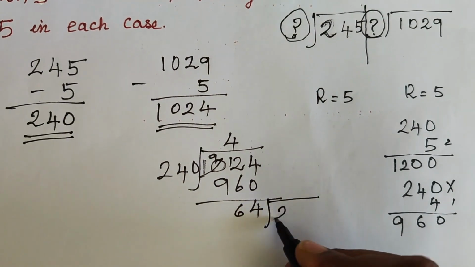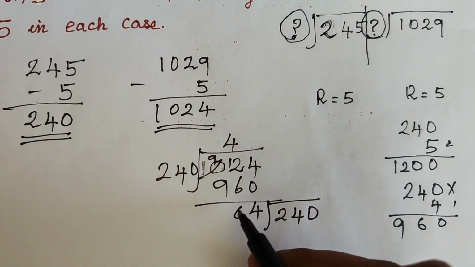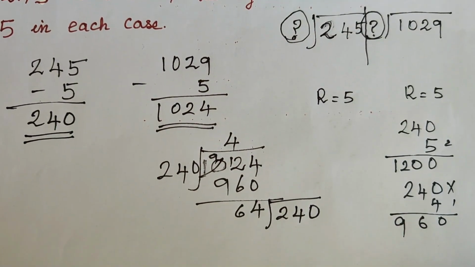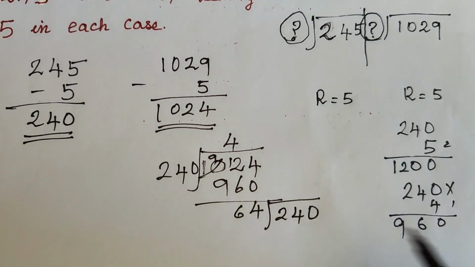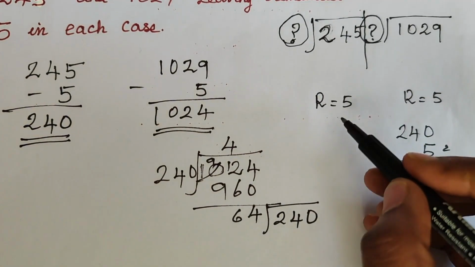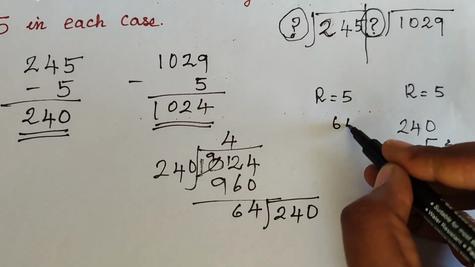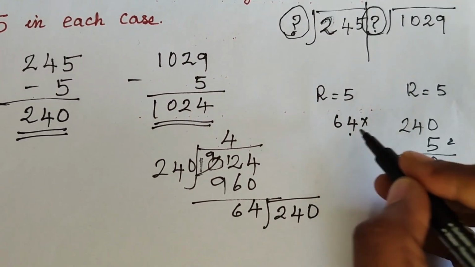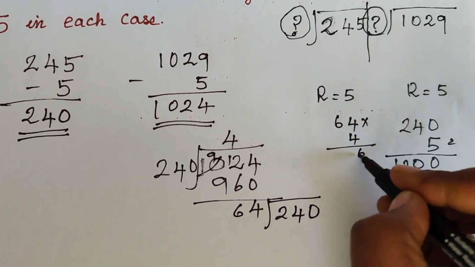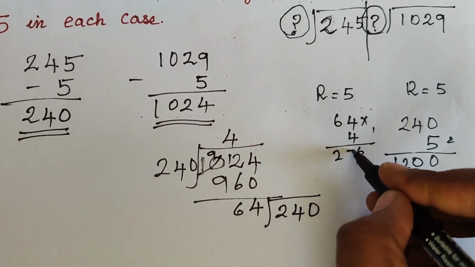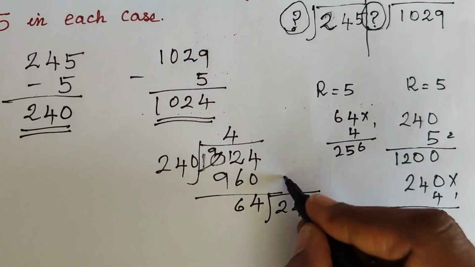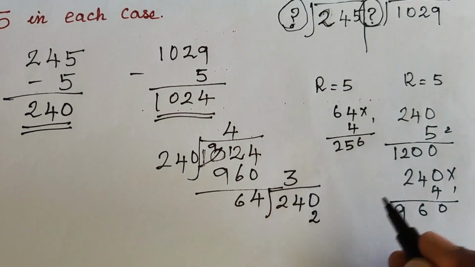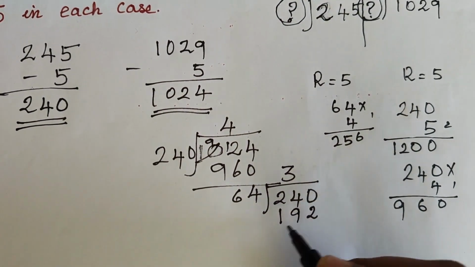Bring 240 here. This remainder becomes the divisor in the next step, and bring down 240. 64 goes how many times? 64 into 4, 16, 1 balance, 24 plus 1, 25. No, this is bigger. So I'll put 3 times. 3 4s are 12, 1 balance, 18 plus 1, 19.